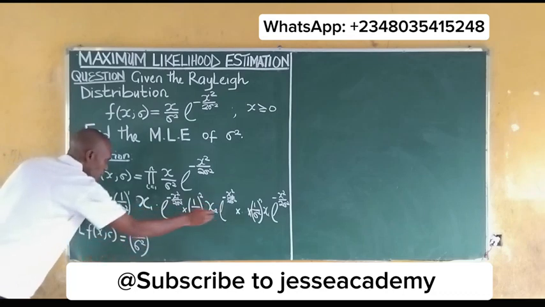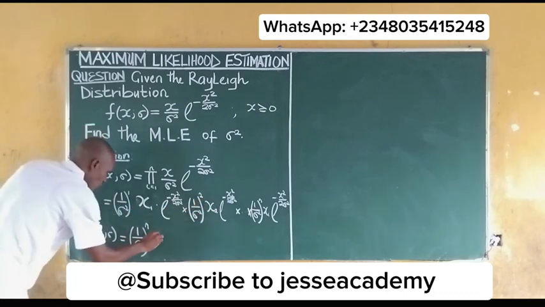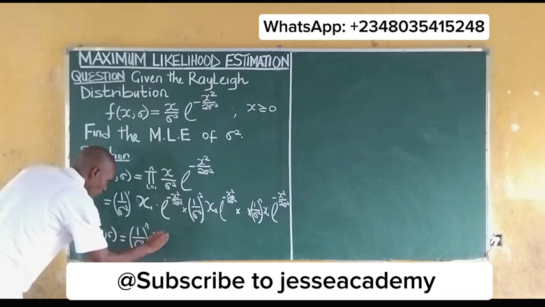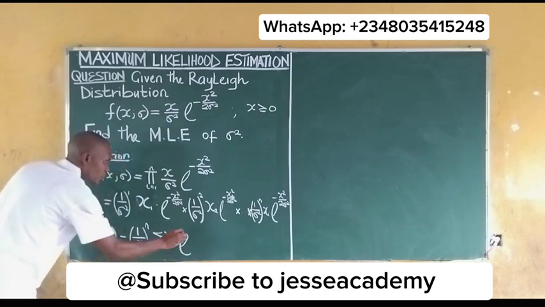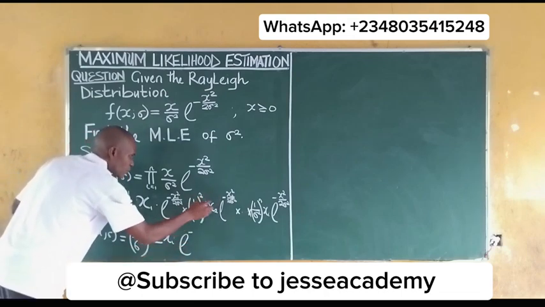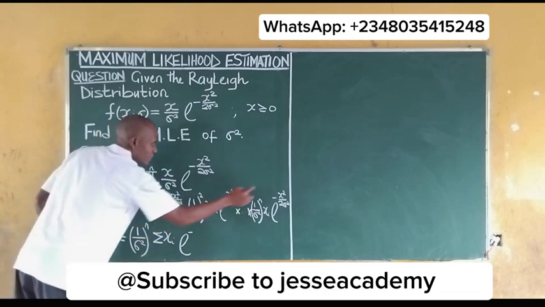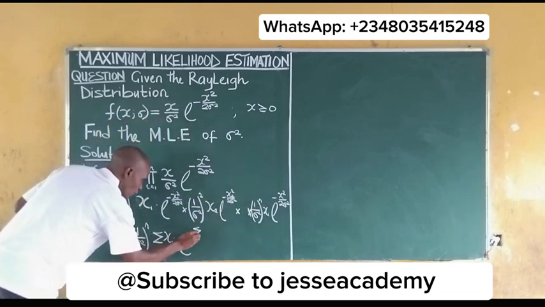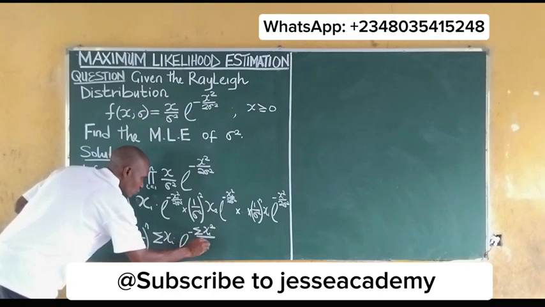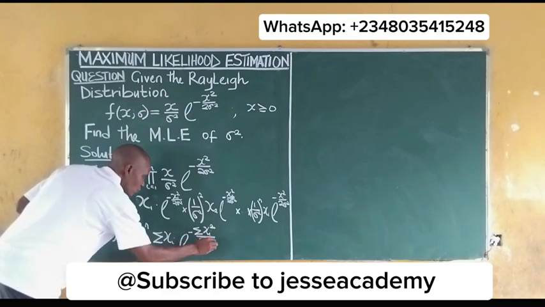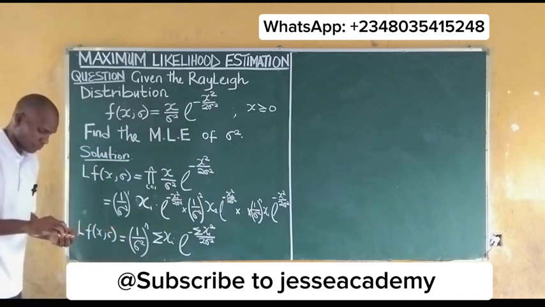If we sum these, we get the product of xi, exponential negative summation of xi squared all over 2 sigma squared. So this is what we'll get.